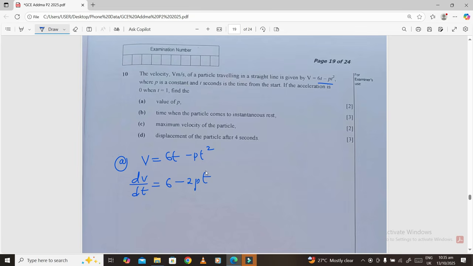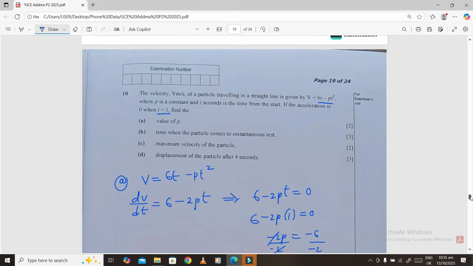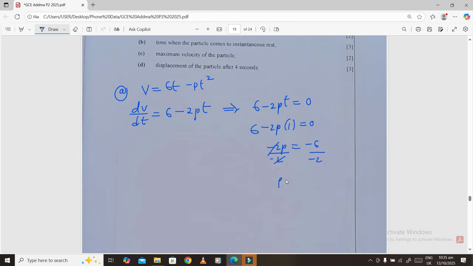And now we can say, since this is the acceleration, 6 minus 2pt is equal to 0, and we know that when time is equal to 1, where there is t, we put a 1, and then we simplify. The value of p is coming out to be equal to 3.